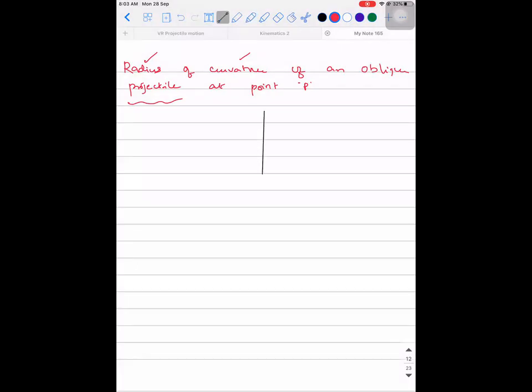If you observe, they never said radius of the parabolic path. They are saying it is the radius of curvature. One point is clear: a parabola is a curved shape, right? So when the particle is traveling in this way, if I take any point P somewhere over here, can I say it is having some curvature?